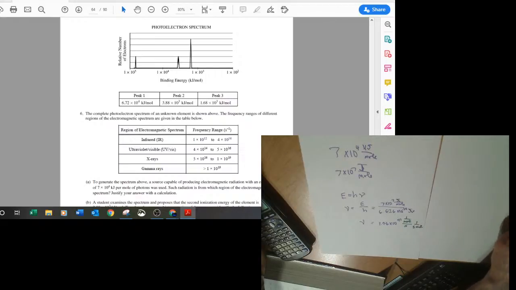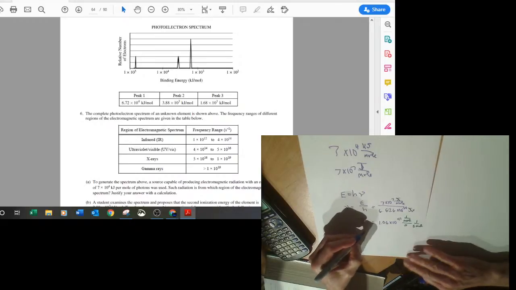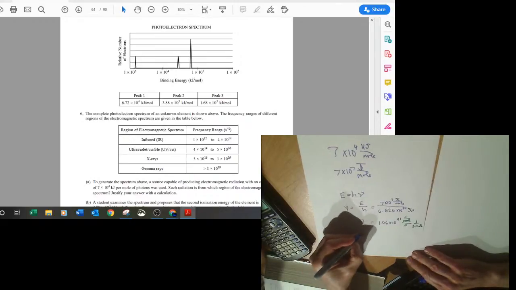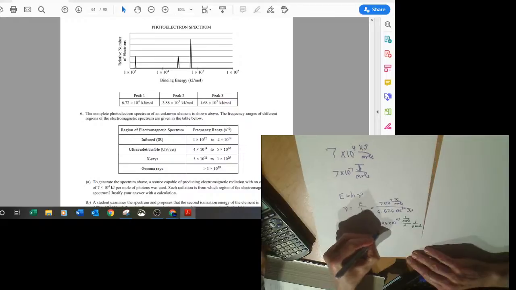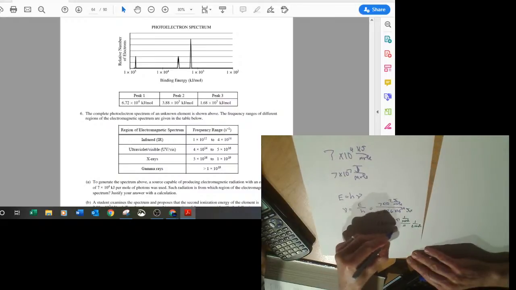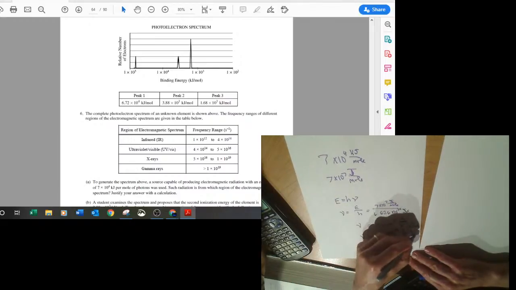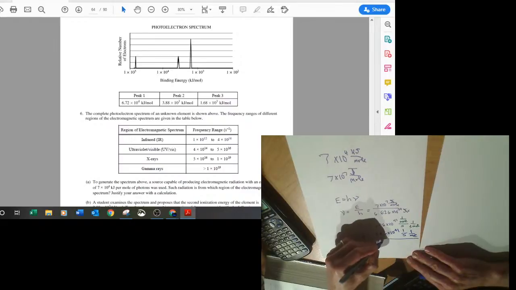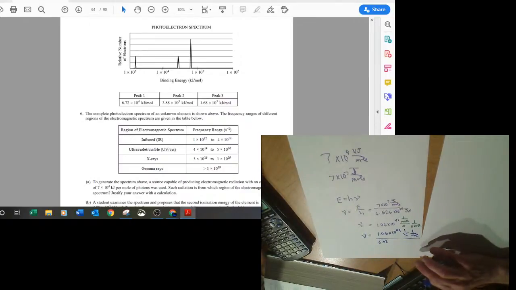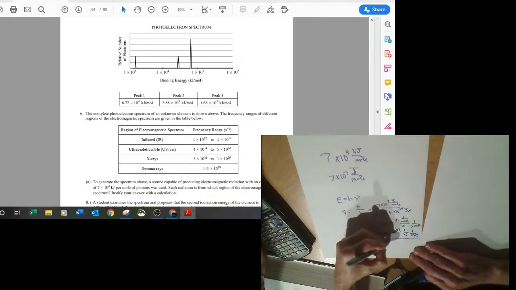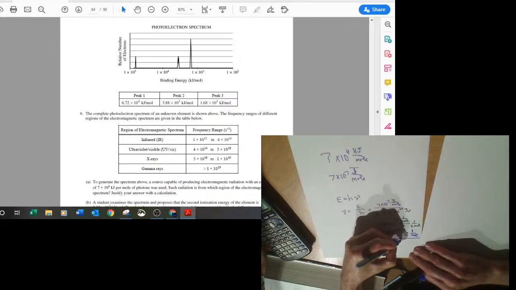So what we've got to do is take that and divide by Avogadro's number, because this is for a whole mole of them. This is in per seconds per mole, divided by 6.02 times 10 to the 23rd particles per mole.